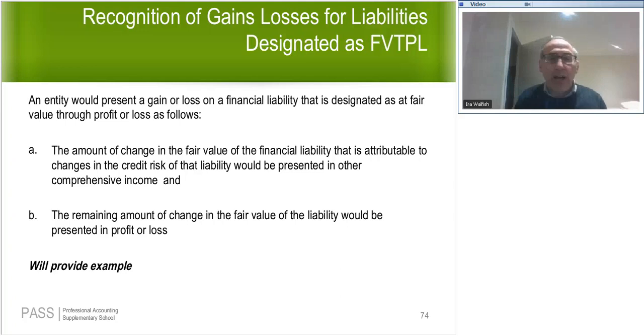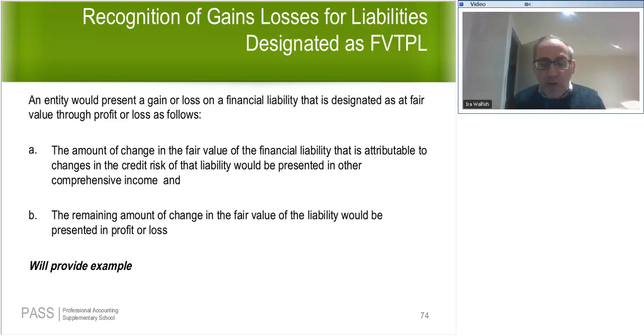And I'll show you an example in just a moment, but let me explain the logic first. There is a good logic here, guys. Let's say the credit risk of an entity deteriorates due to the entity's poor financial condition. So when we calculate the value of their liabilities, the higher the risk of the company due to their poor credit risk, the higher the discount rate we would use to present value back the liabilities to compute their fair value.